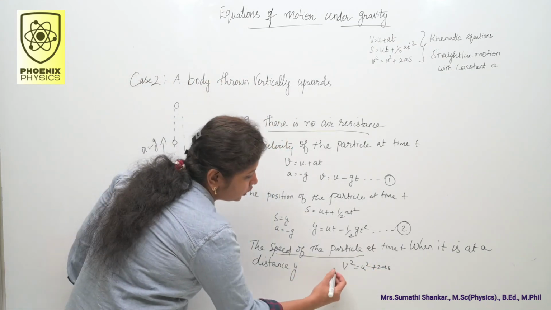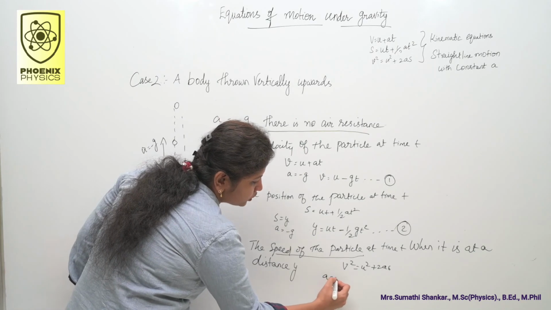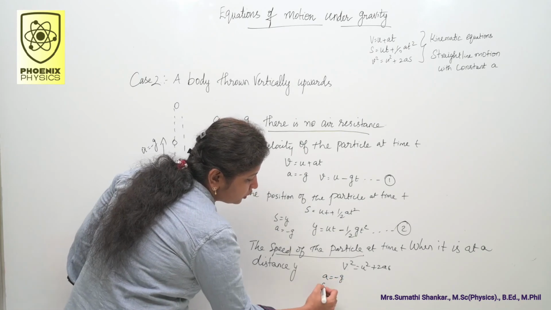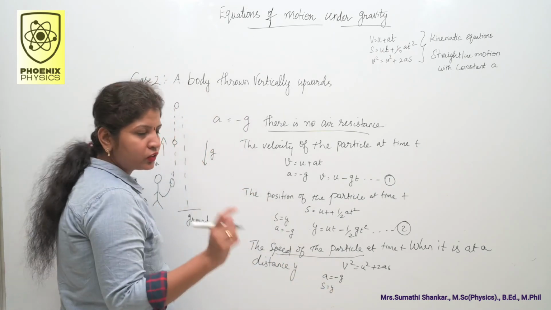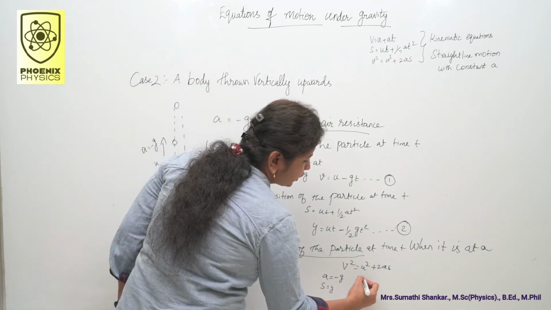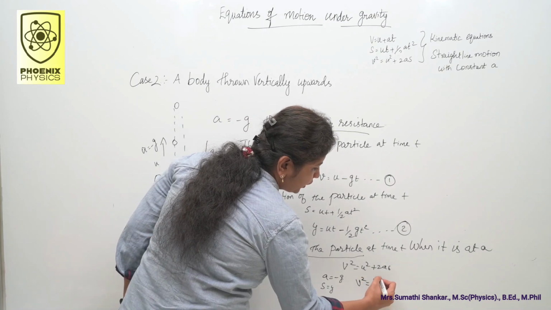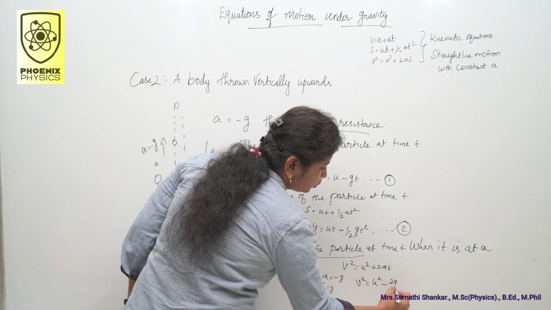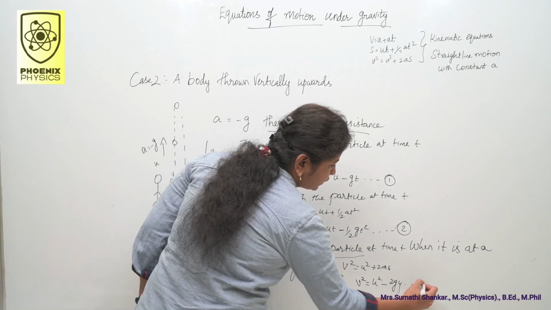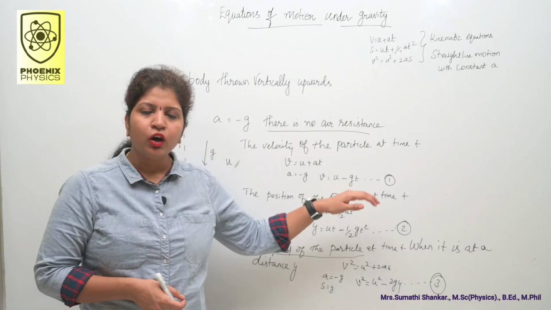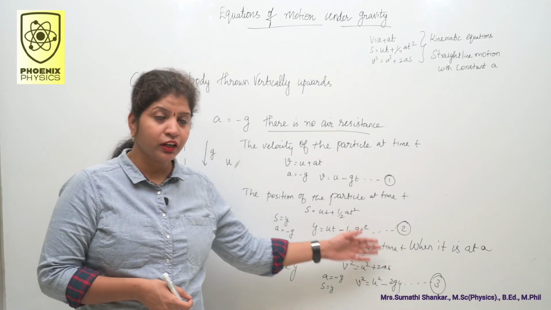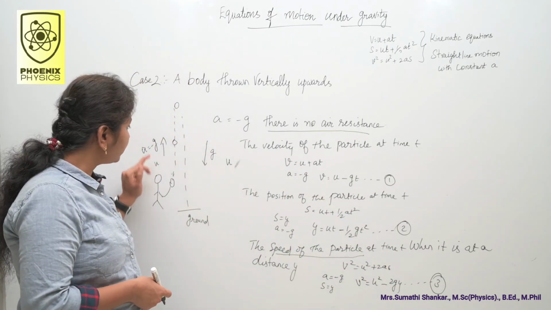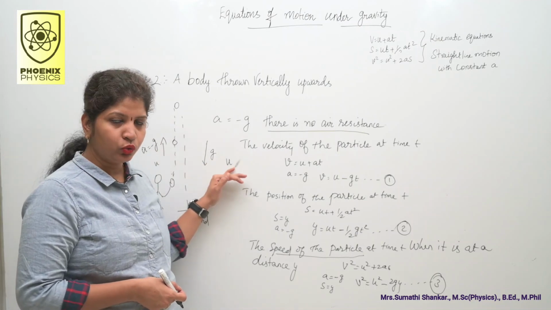In this equation, instead of a you should substitute minus g, and instead of s you should substitute y. s and y both are distances. So v square is equal to u square minus 2gy. This is our third equation. How do you get these three equations? By considering the particle is moving with the initial velocity u.